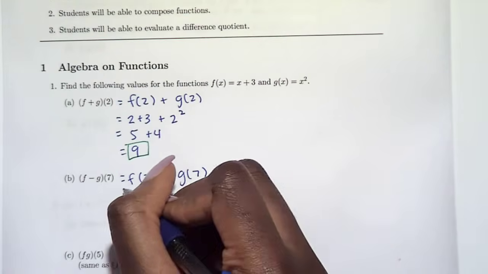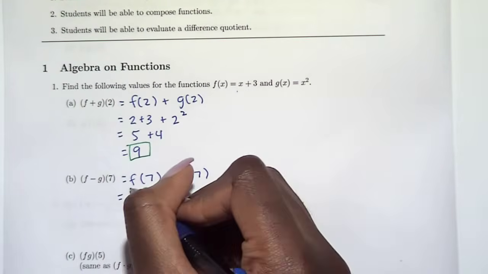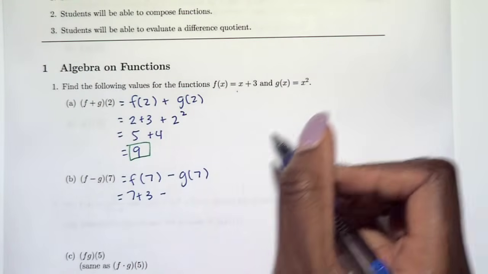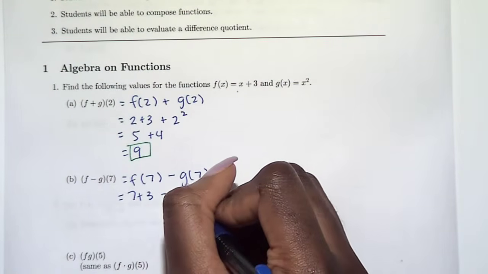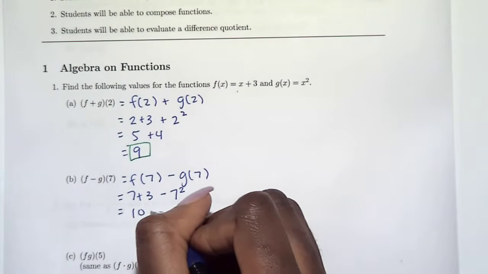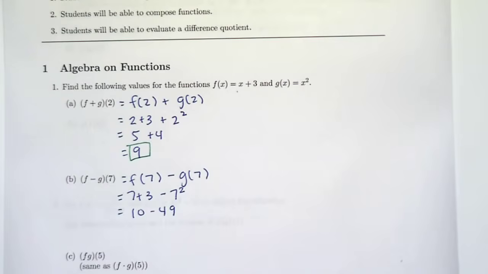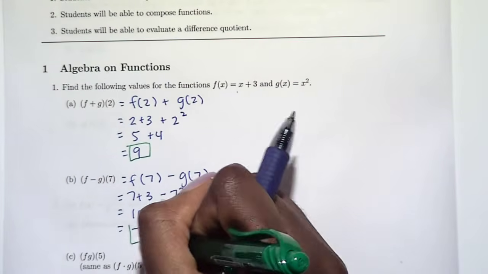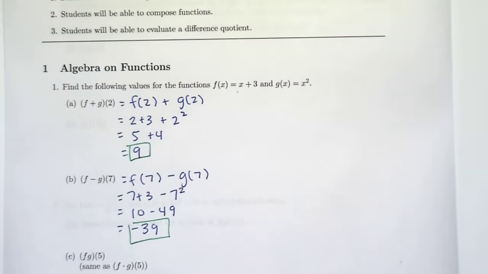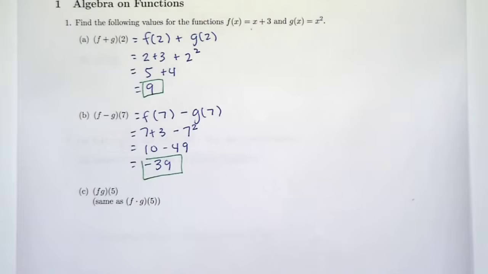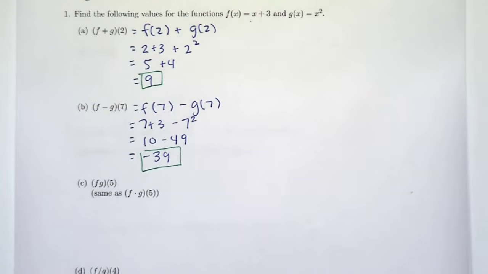So we're going to do the same thing, plug 7 into f, subtract, and plug 7 into g. 10 minus 49, so that's negative 39. Feel free to pause this if I am going a little too fast.